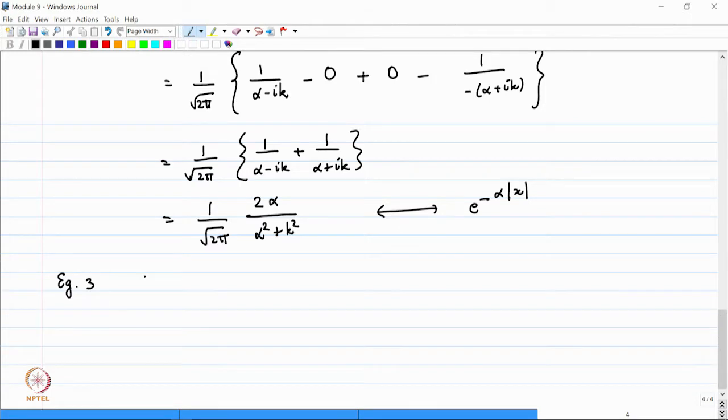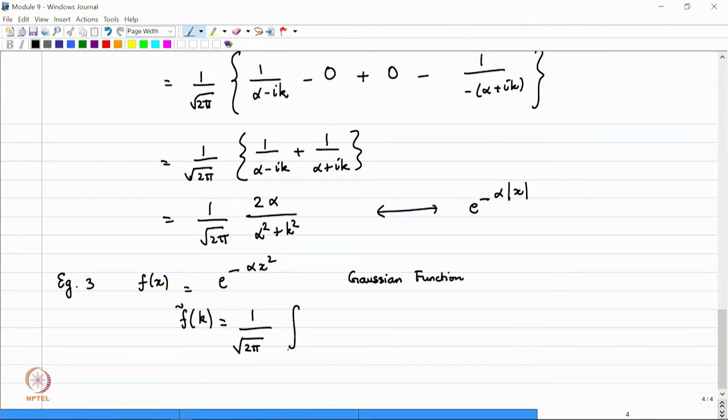So here I take f of x as e to the minus alpha x square. This is a Gaussian function, and in this case I can go by the same argument. So, f tilde of k is equal to 1 over square root of 2 pi integral from minus infinity to plus infinity e to the minus alpha x square e to the minus I k x dx.